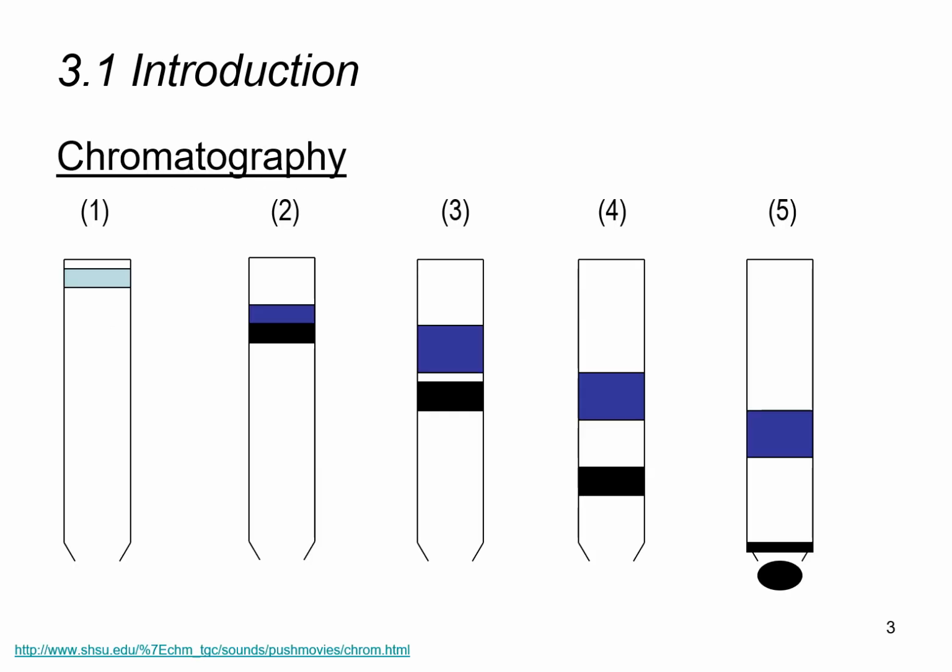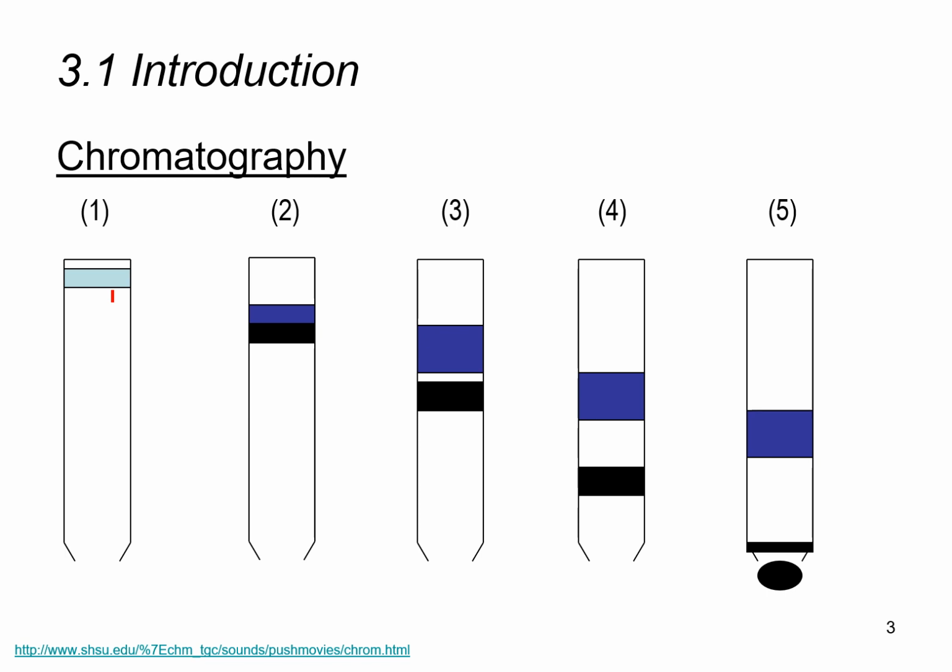Now we see this in the picture here, whereby we have a mixture of components in the light blue strip. Now this mixture of components clearly is homogeneous, and we can use chromatography to separate it into its various chemical components. Now as it flows down the strip of paper, clearly its components will interact with the paper differently.